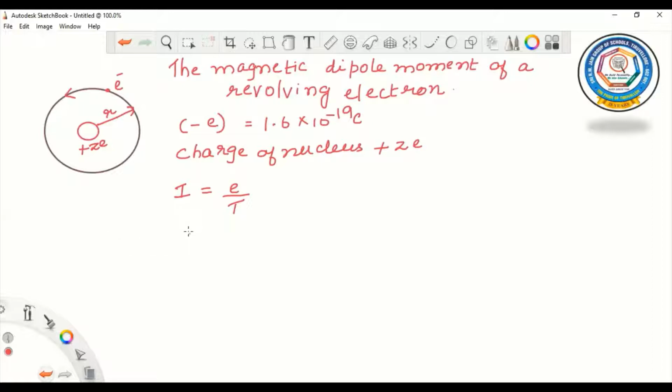R is the radius of the electron's orbit, and V is the orbital speed. This is again very important, children.